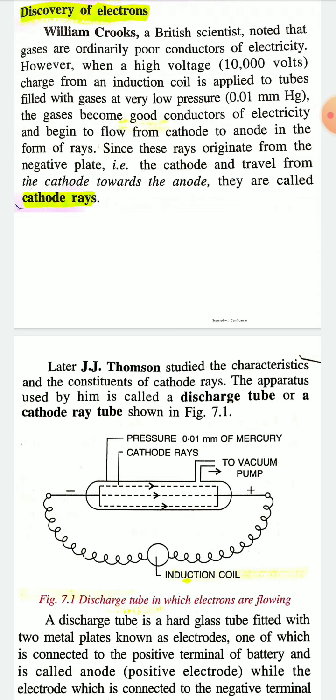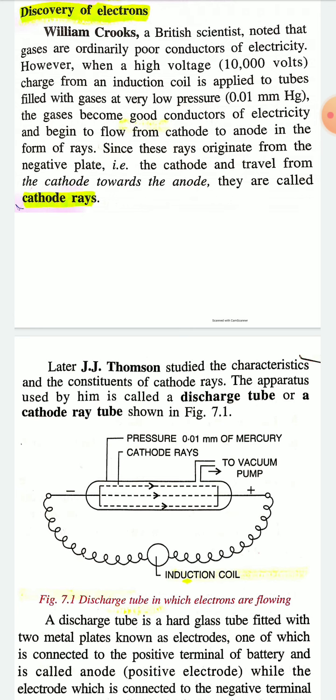It has a side tube through which gas can be pumped out using a vacuum pump. J.J. Thomson did the same experiment as William Crookes in a discharge tube and analyzed the properties of cathode rays.